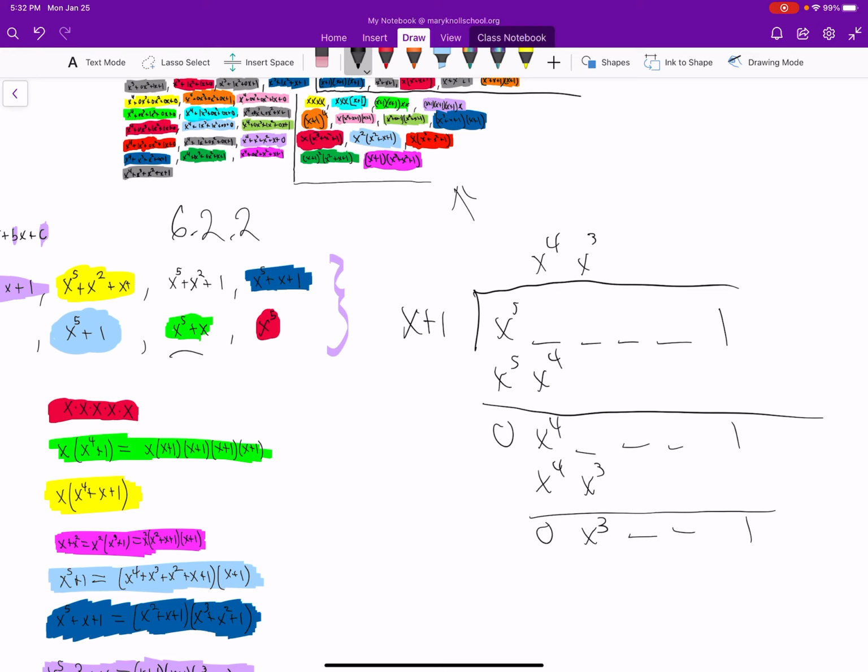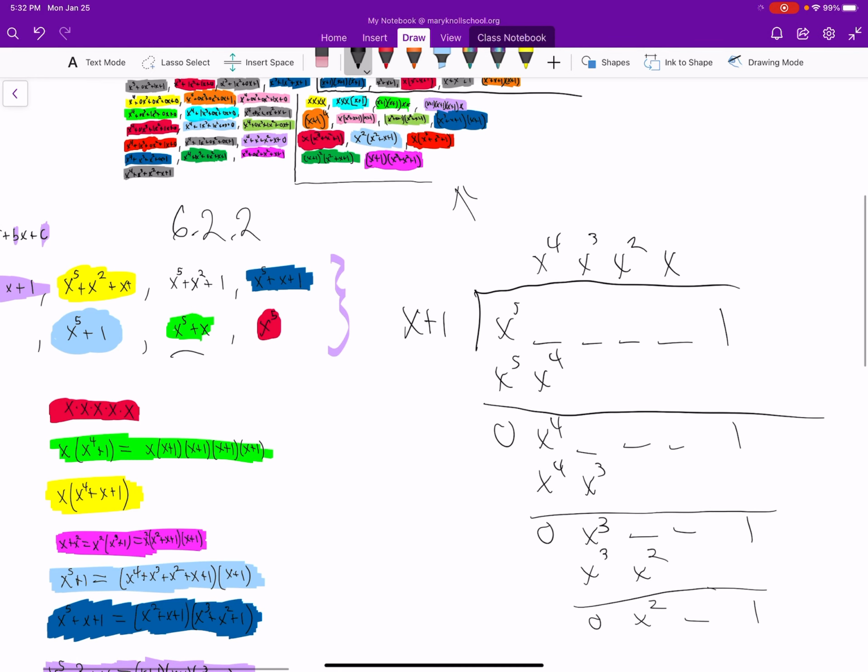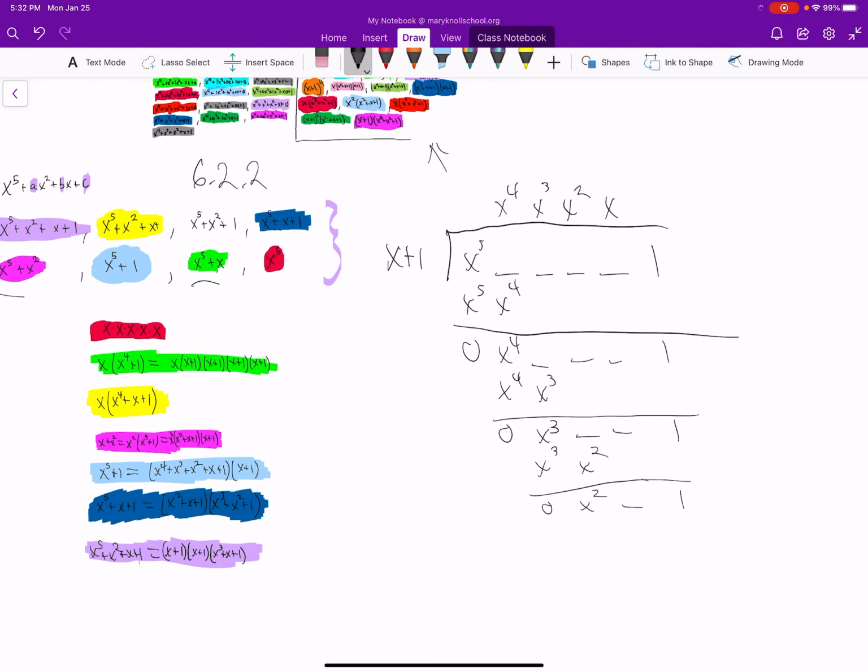All right, so 1, x to the second, x to the third, x to the second, 0, x to the second, 1, x to the second, and we get an x. And then finally a 1.